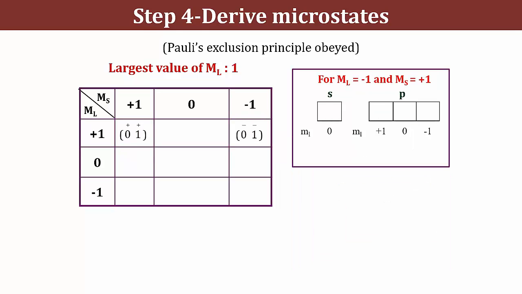Now on the lower side, where Ml is -1 and Ms is +1, one electron is in the s orbital and the second electron is in the p orbital having Ml -1.